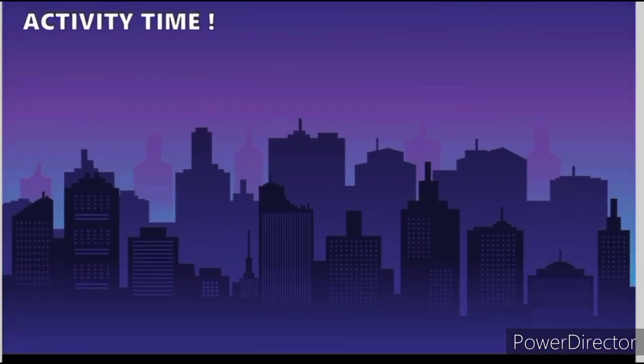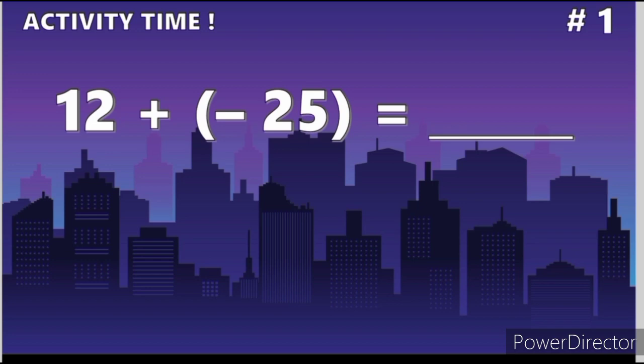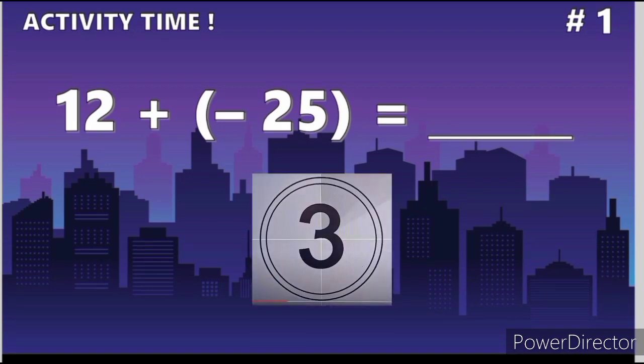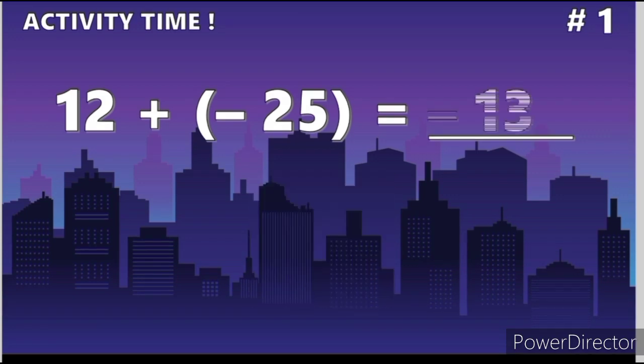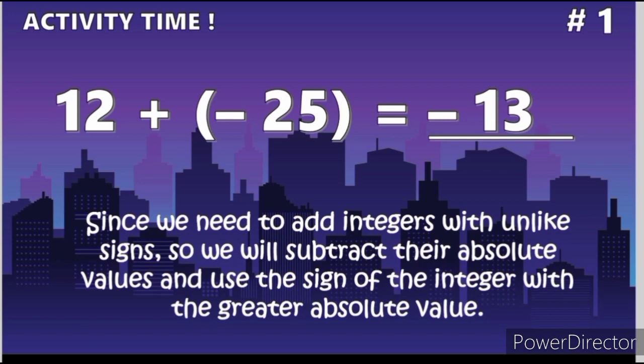Activity time! Let's try number 1. 12 plus negative 25 is equal to... correct, negative 13. Since we need to add integers with unlike signs, we will subtract their absolute values and use the sign of the integer with a greater absolute value.